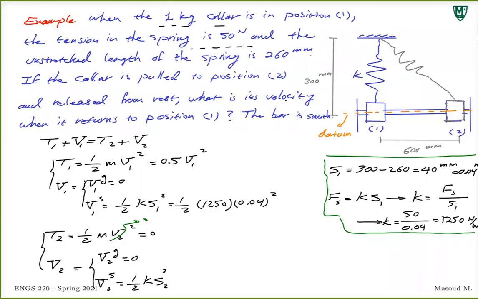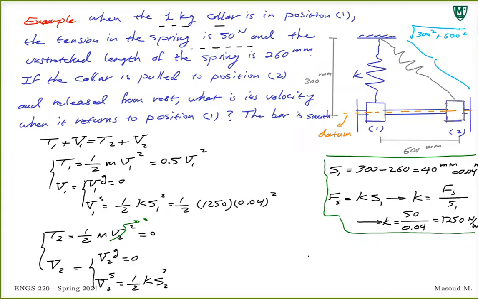So it's a right triangle. You can find the hypotenuse, this length right there. It's the square root of 300 millimeters squared plus 600 millimeters squared. Or probably it's better if you write it in meters: 0.3 squared plus 0.6 squared.